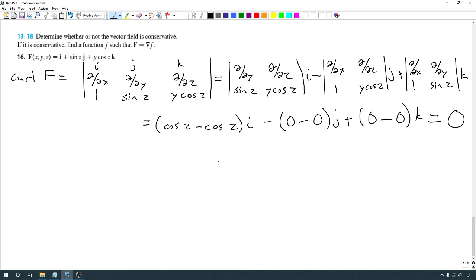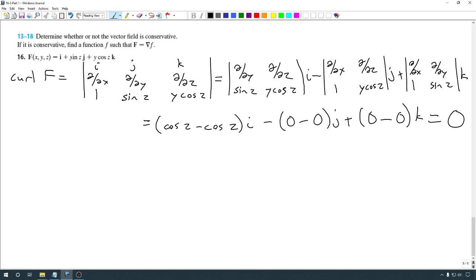That means that this vector field could be conservative. The fact that curl equals 0 just implies that it could be. It doesn't imply that it necessarily is. But we do know here that F is defined everywhere. There's no x, y, or z that can't be plugged in here and get a result. And if we take the derivatives of these, we just have nice continuous functions.